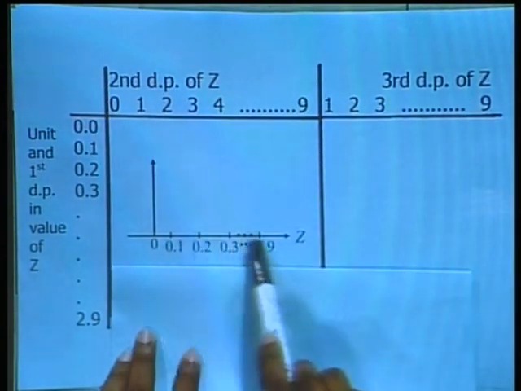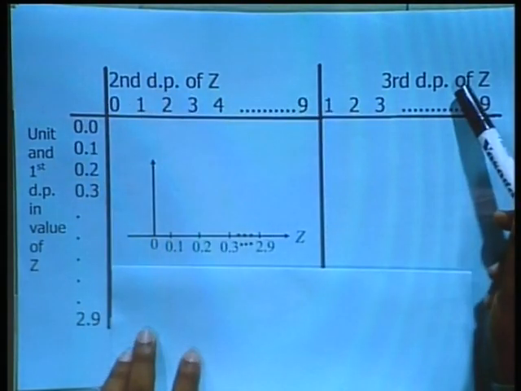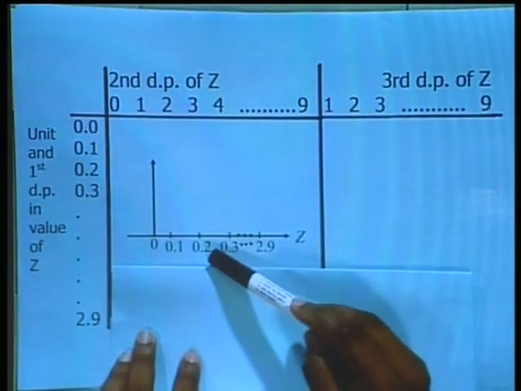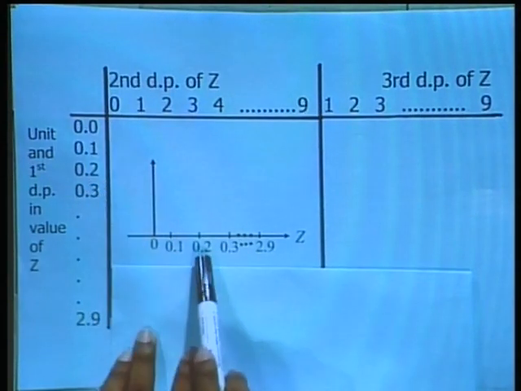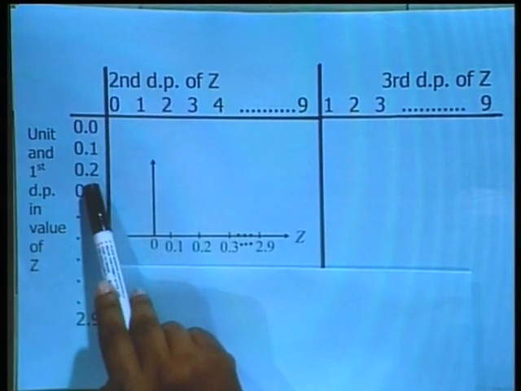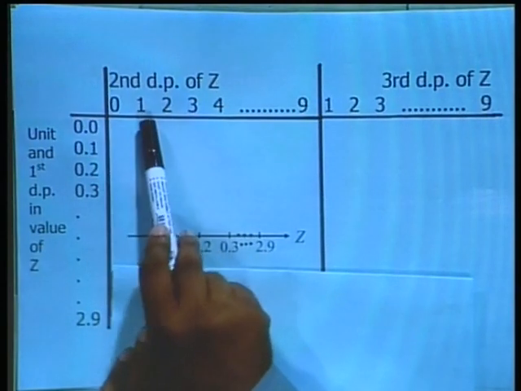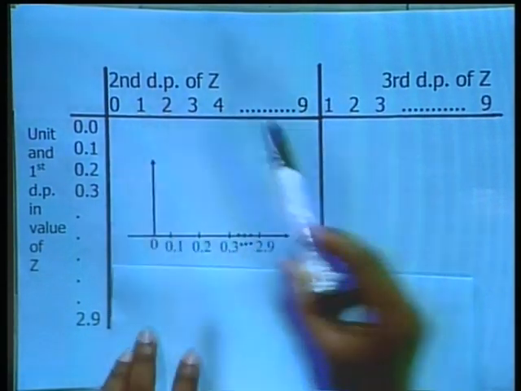If we wanted to locate 0.2 on the Z-axis, it is 0.2 on the table. For 0.21, 0.2, and the second decimal place 1.